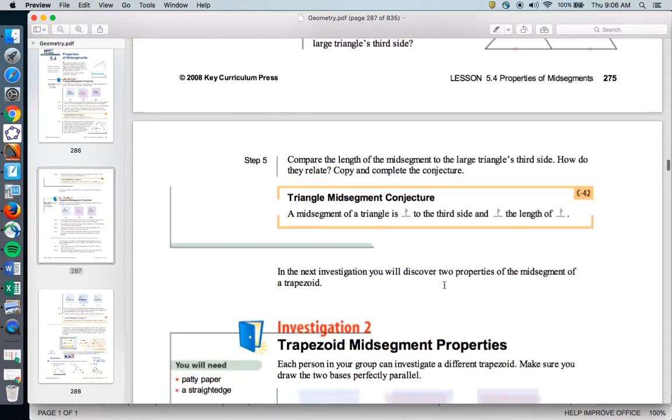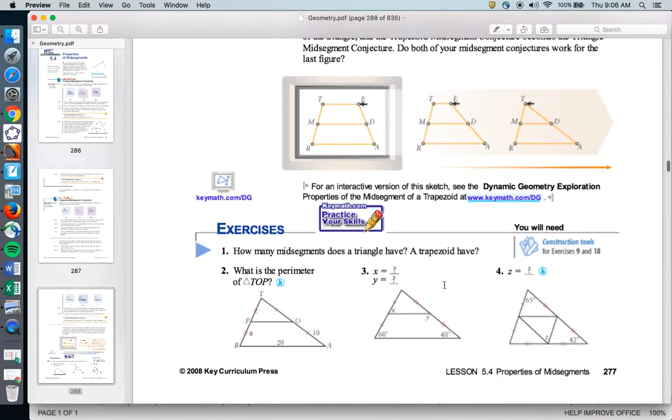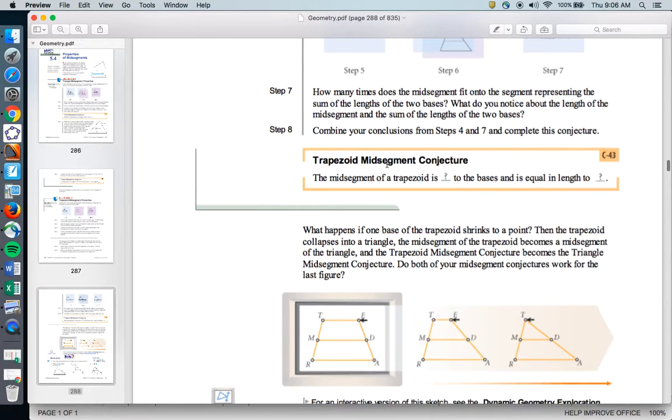Okay, guys. I believe that's it. And I believe I lied. We've got one more. Trapezoid midsegments. The midsegment of a trapezoid is parallel to the base and equal in length to something. Let's call that, geez, that's also the TMC. I'm going to call that the trap MC.